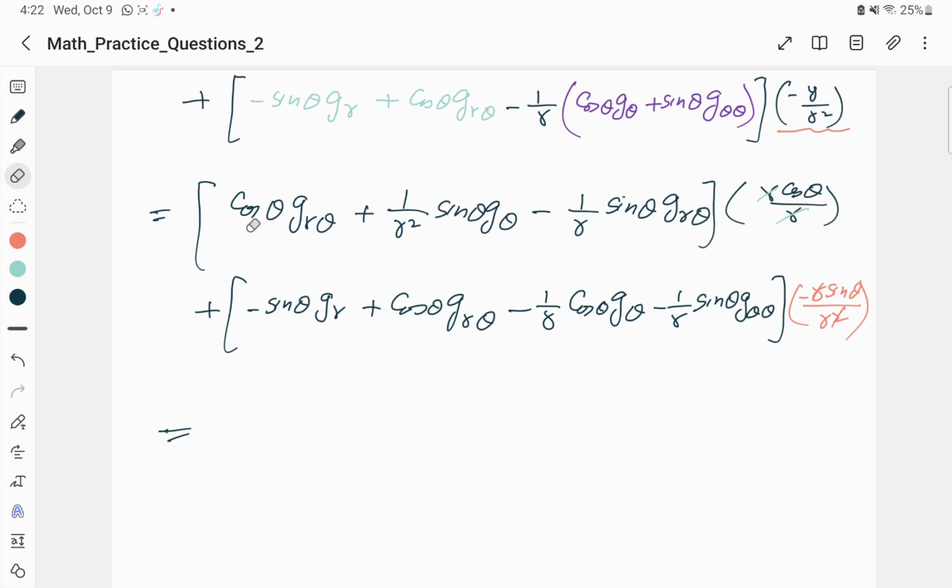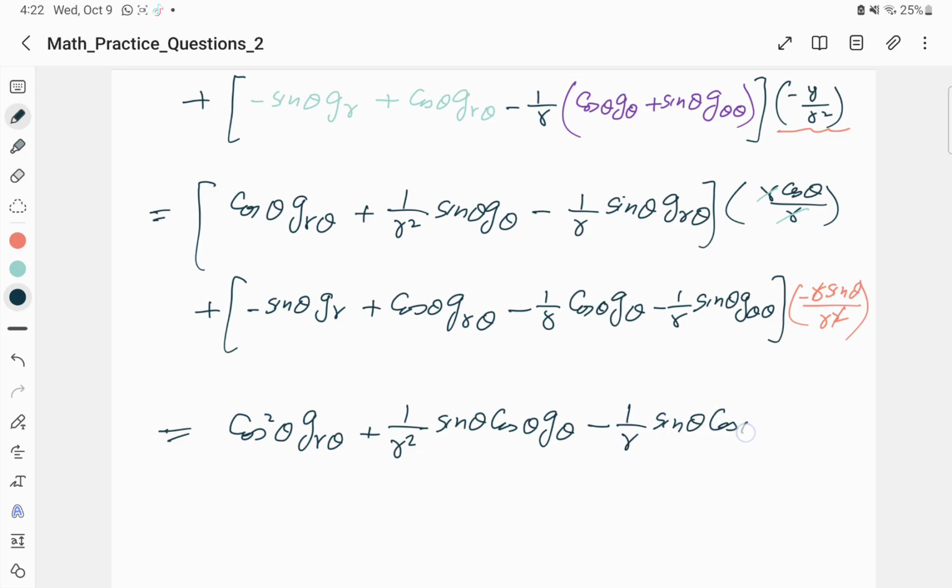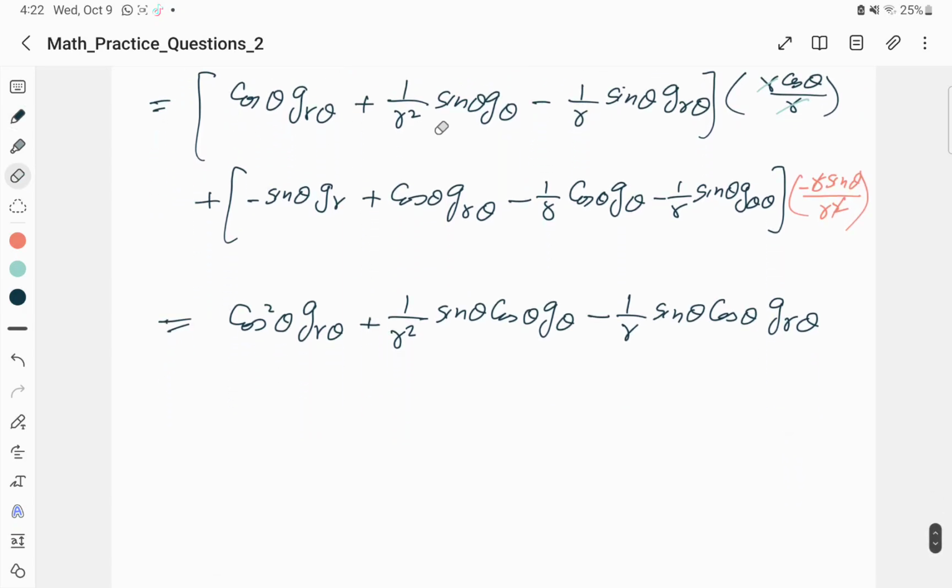This cos theta will be multiplied with the very first expression, which will become cos square of theta g_r theta plus 1 over r square sine theta cos theta g_theta, and negative 1 over r sine theta cos theta g_r theta. And this was simplified the first line.